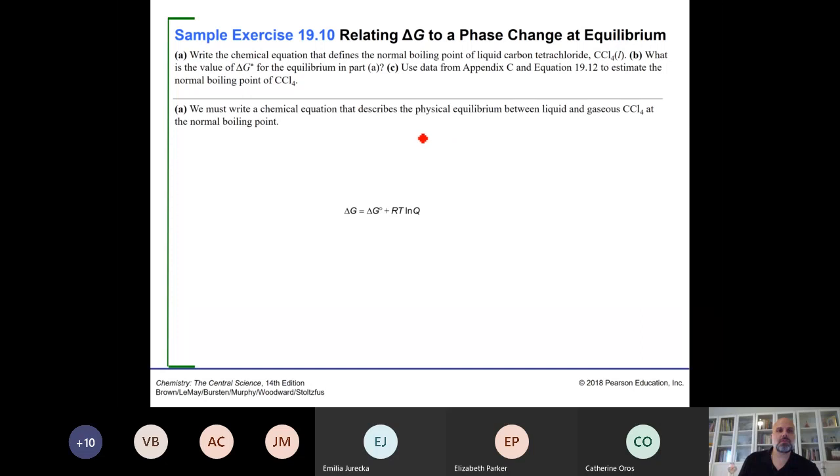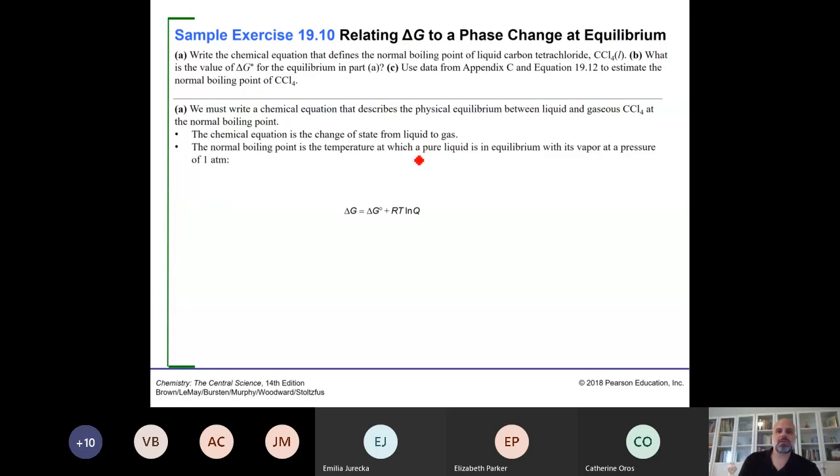First, we must write a chemical equation that describes the physical equilibrium between liquid and gaseous carbon tetrachloride at the normal boiling point. The chemical equation is a change of state from a liquid to a gas. The normal boiling point is the temperature at which a pure liquid is in equilibrium with its vapor at a pressure of 1 atmosphere.